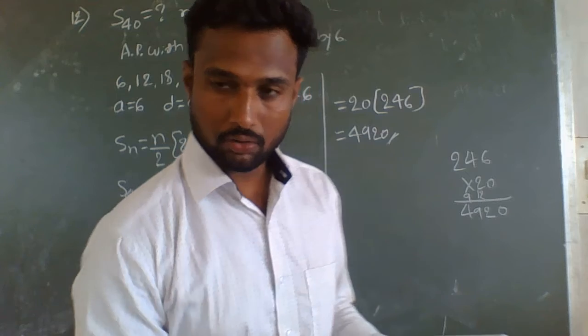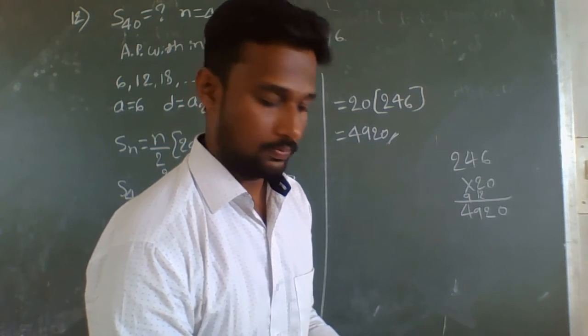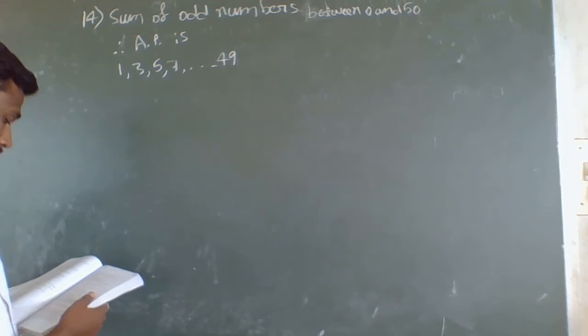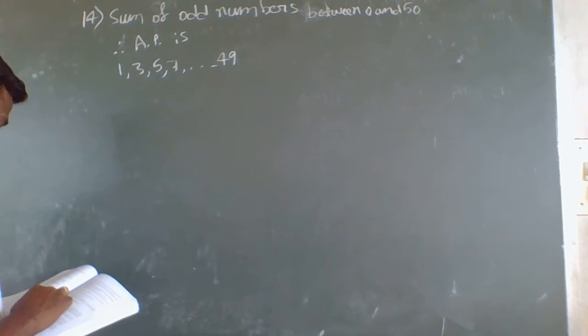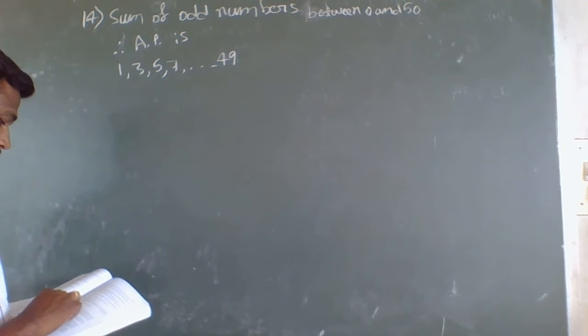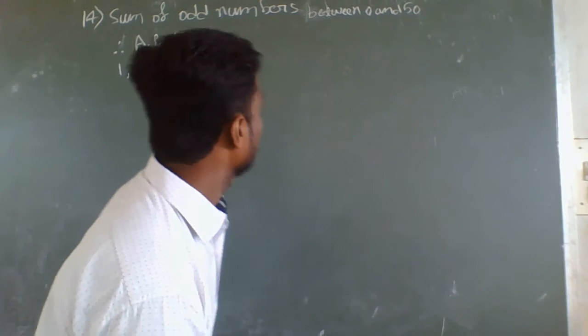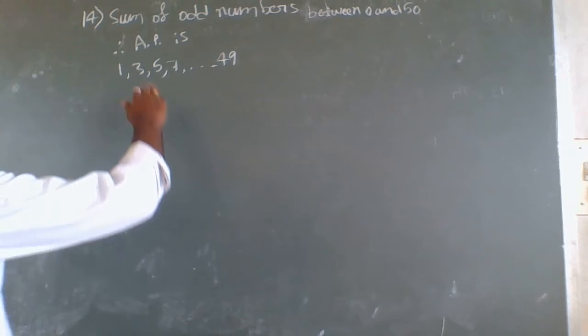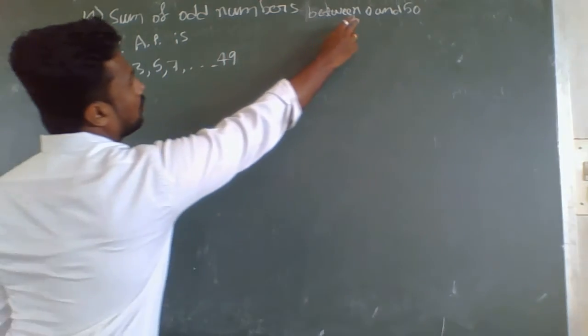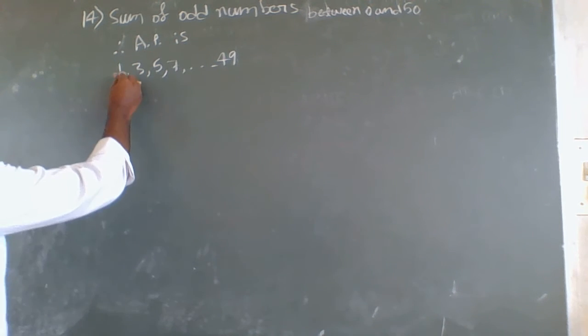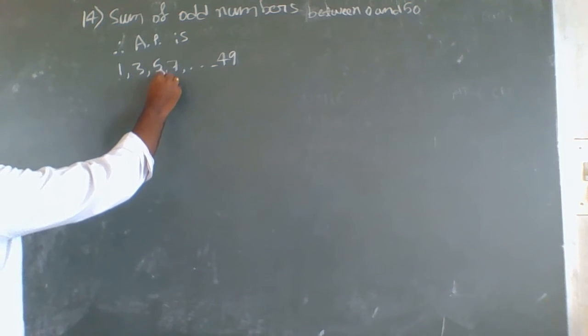So here in the 14th problem, what they have given: the sum of all numbers between 0 and 50. We have to calculate the sum of the odd numbers between 0 and 50. Therefore, I can write the arithmetic progression as 1, 3, 5, 7.